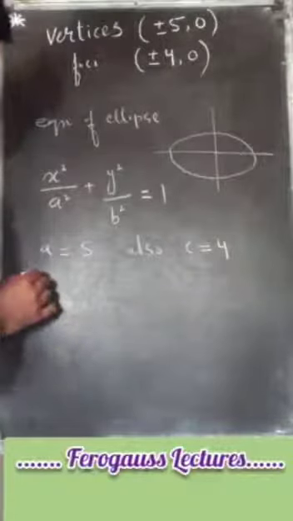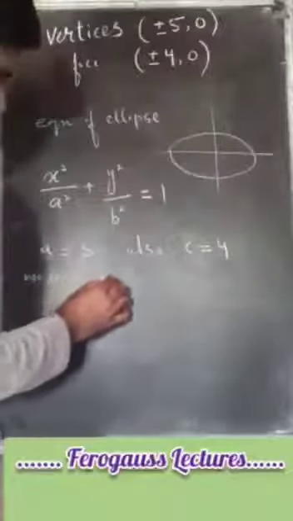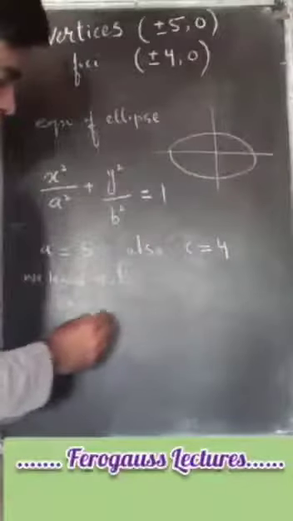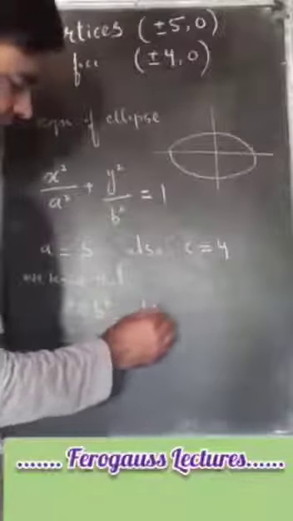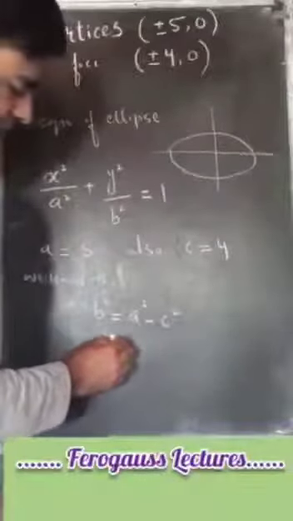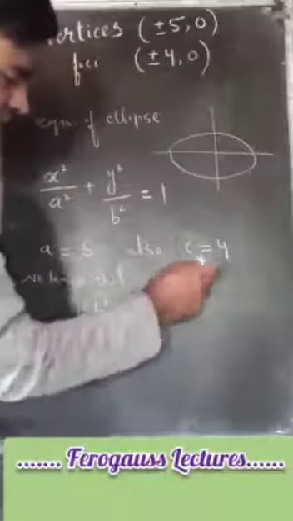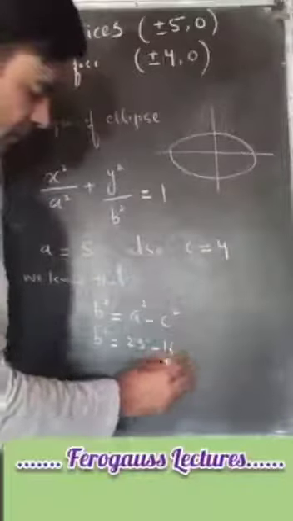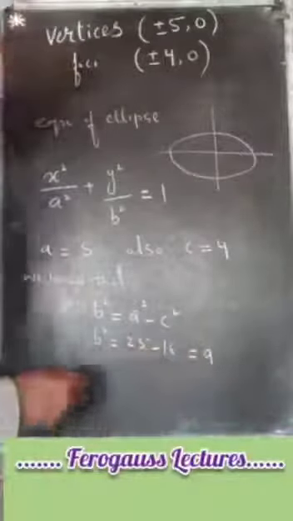We know that b square is equal to a square minus c square. So therefore b square is equal to a square, which is 25, minus c square, which is 16. That is equal to 9. So b square is equal to 9.